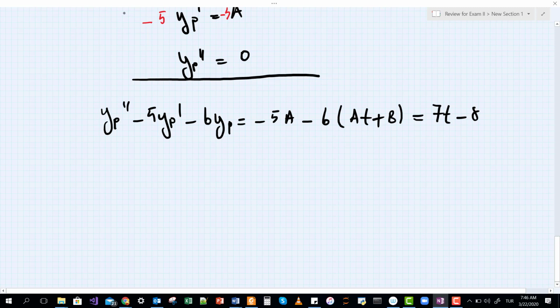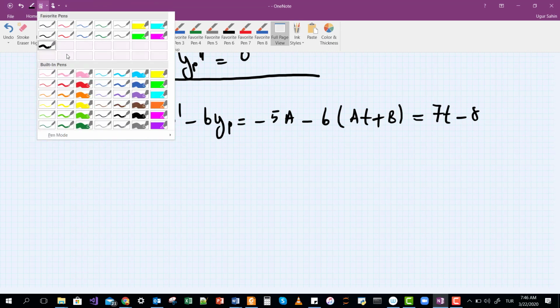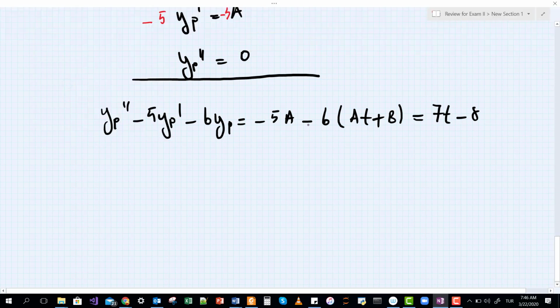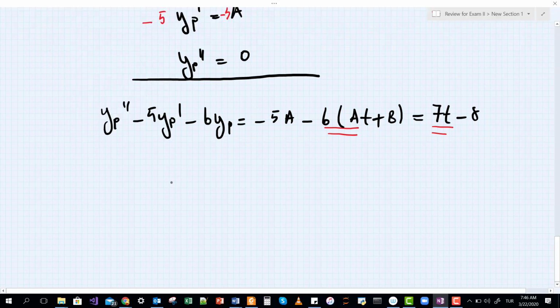So from this equality, I can use the polynomial equation. That's why -6a will be equal to 7, and then a is going to be equal to -7/6.